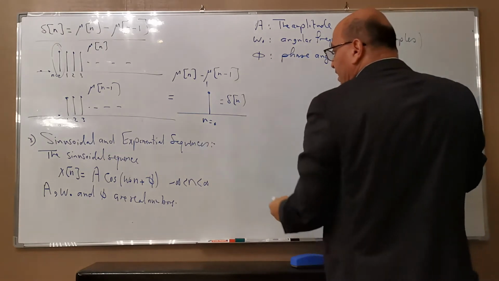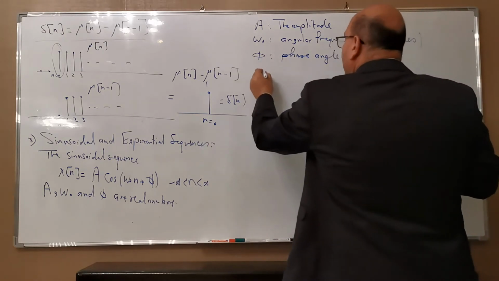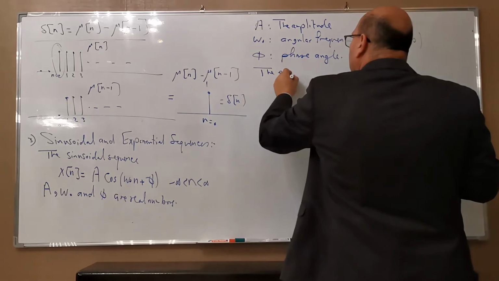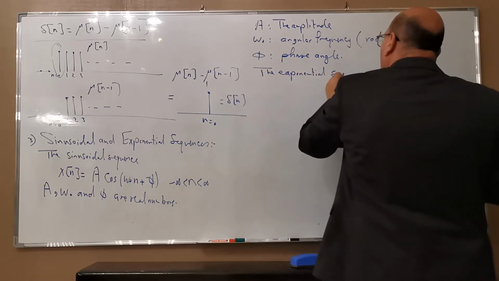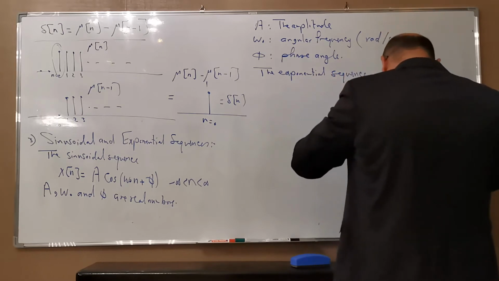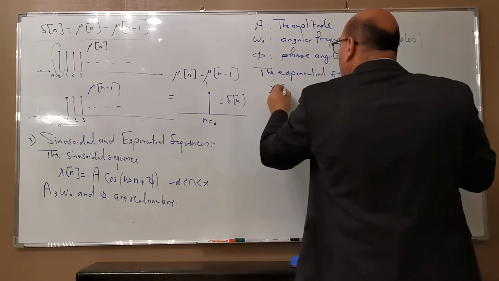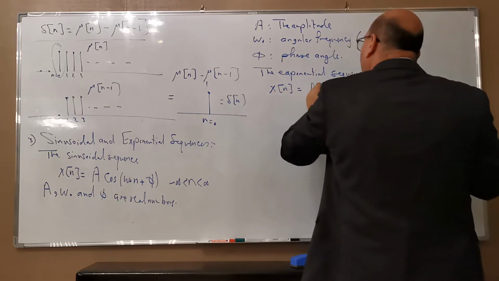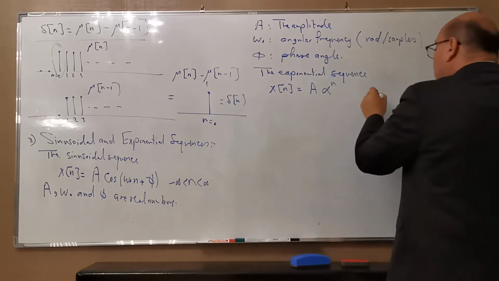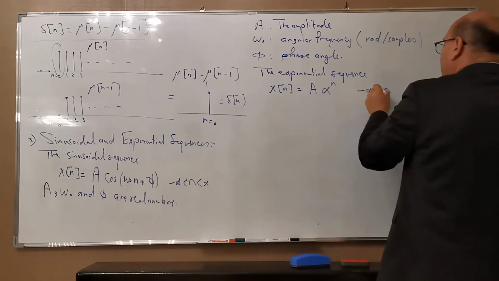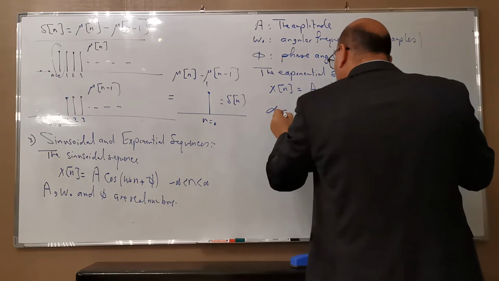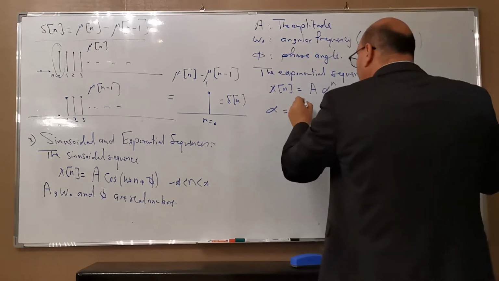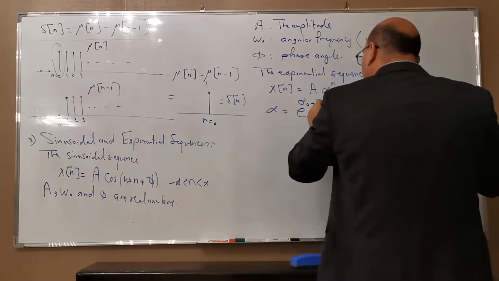The other part is the exponential sequence. Exponential sequence, x of n is equal to a alpha to the power n. It's also defined for n between minus infinity and infinity. Alpha here, in the general case, is equal to e to the power sigma 0 plus j omega 0.